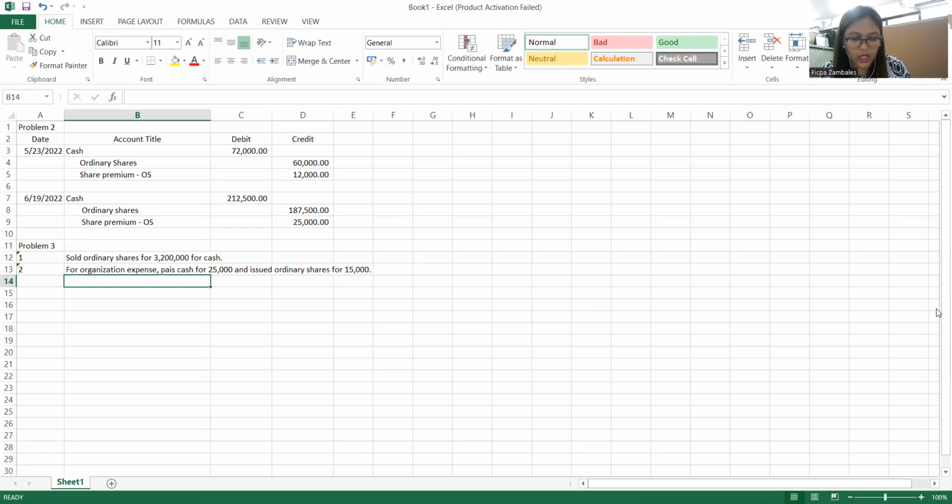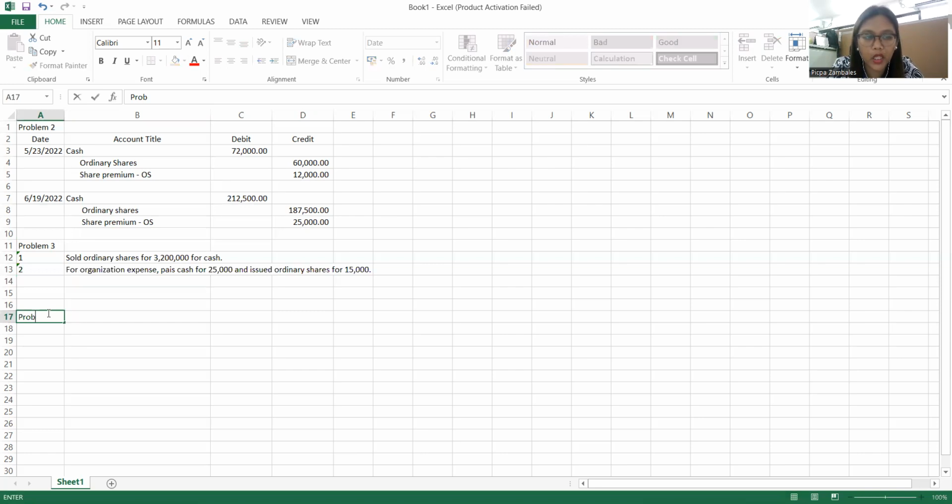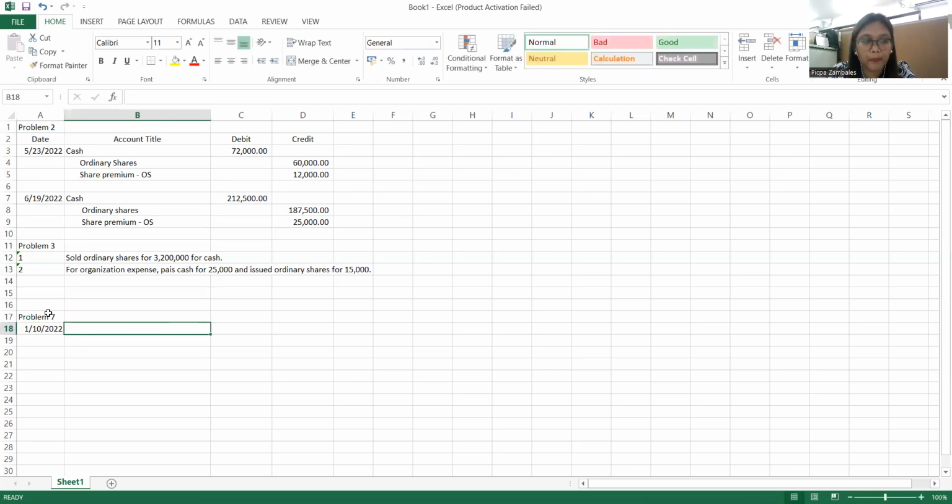Okay, so let's try to solve this one. I'll make another sheet, or I'll just continue it here. It's problem 7. For problem 7, it's January 10. First, the corporation issued 10,000 ordinary shares for cash at 35 per share. Of course, it's debit cash.